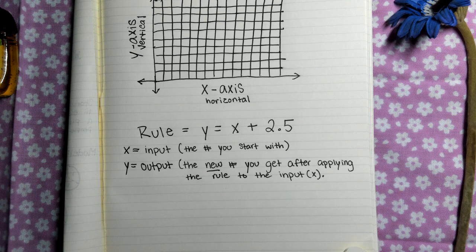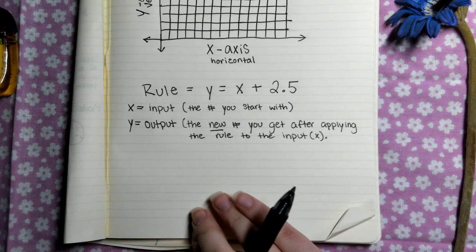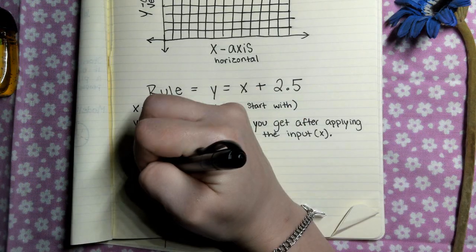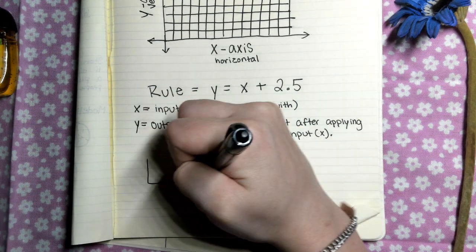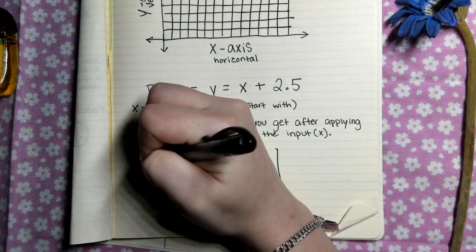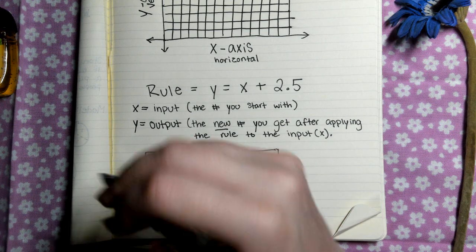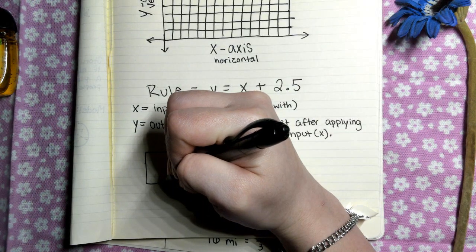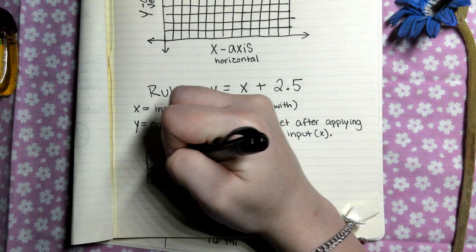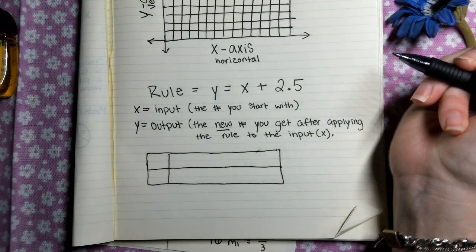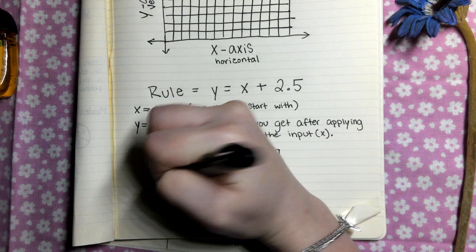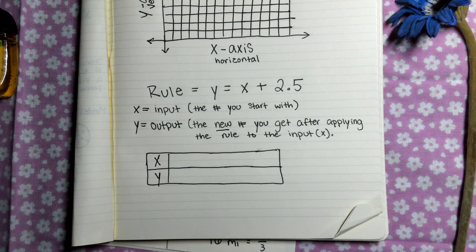So we have our rule, which means we can make some input that would go along with that rule. For example, I'll make a horizontal table. That just means a table that's going horizontally. And we divide it in two sections, like that, x and y. And then we just input some data. Sometimes this data is nice and neat, and it goes 0, 1, 2, 3, 4, 5.